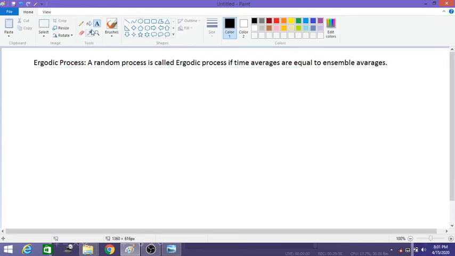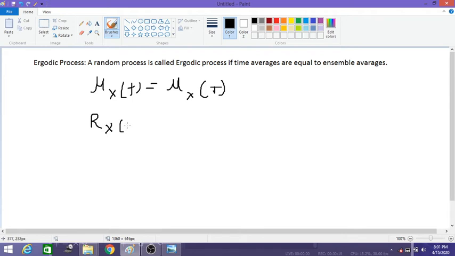Now if we write mathematically, it means mu x of t is equal to mu x, the ensemble mean, and its autocorrelation is defined as Rx of tau, or Rx of t1 comma t2 also we can write.